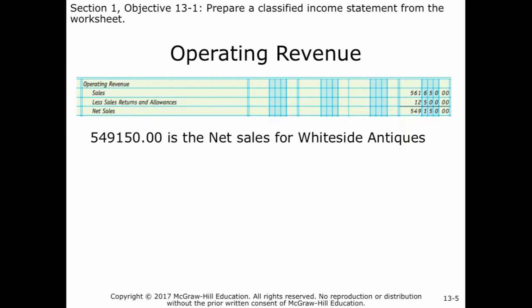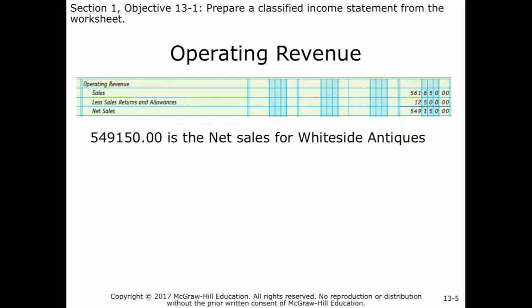So here's a visual of the first section of the multiple step income statement. We will begin with operating revenue. Here we show that the revenues earned from normal business activities are the sales, which in this case are reported at $561,650. We also need to consider any sales returns and allowances and make sure that we subtract those from the sales.